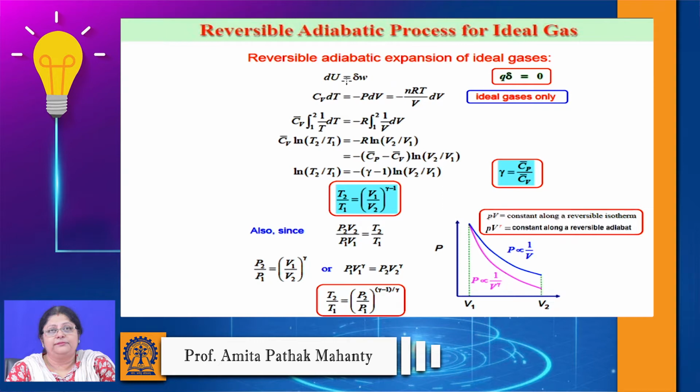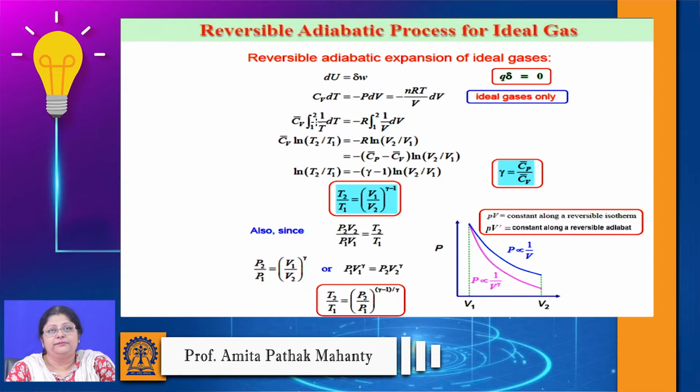And what is W? W is minus P dV. If I replace, for an ideal gas, P with nRT by V, I have minus nRT by V into dV, and here I have CV dT.